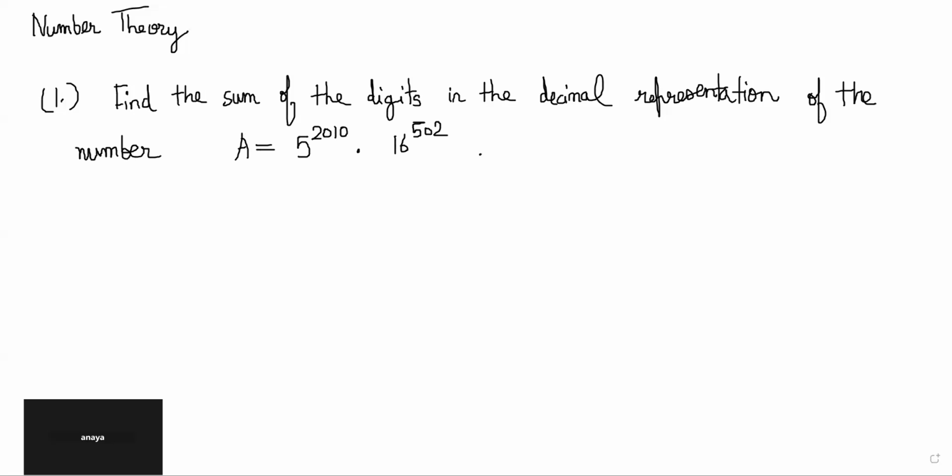You have to find the sum of the digits in the decimal representation of this number. The number is 5 to the power 2010 times 16 to the power 502. Okay.